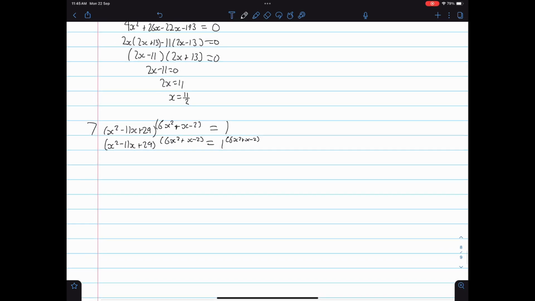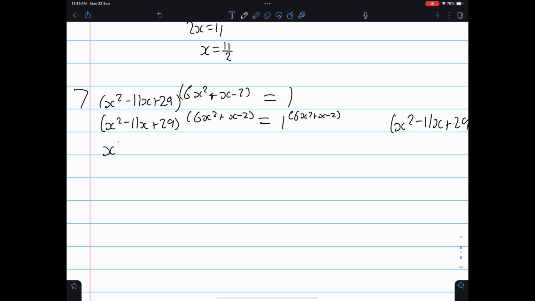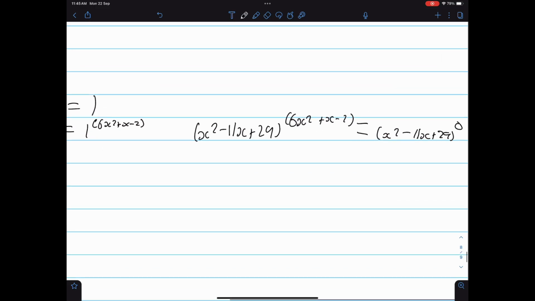Or it could be x squared minus 11x plus 29 to the power of 6x squared plus x minus 2 being equal to x squared minus 11x plus 29 being to the power of 0. Which means we must solve two equations, one being this and one being this.